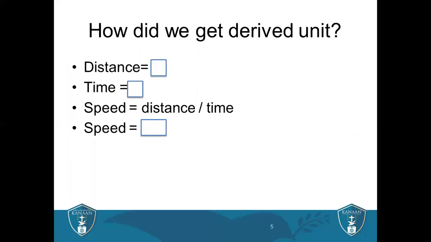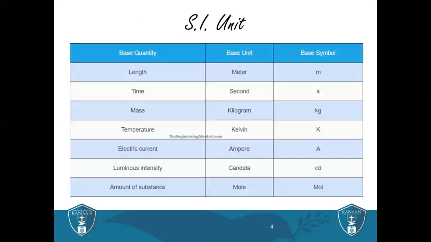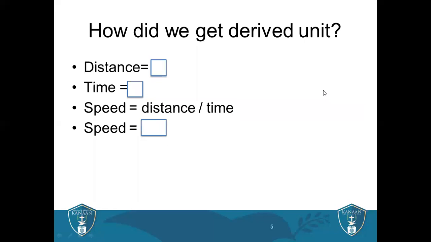How do we get derived units? This is what I was talking about. Derived units come from base units. As we know, speed's formula is distance over time. Now, what is the unit of distance? It's meters, as from the table in the previous slides. Here, length is in meters and time is in seconds.